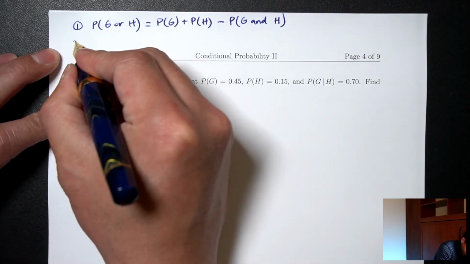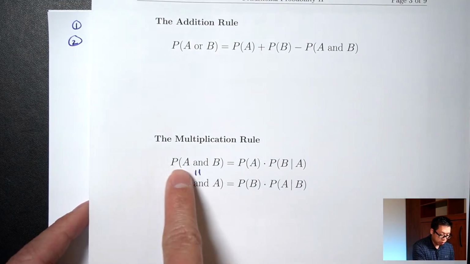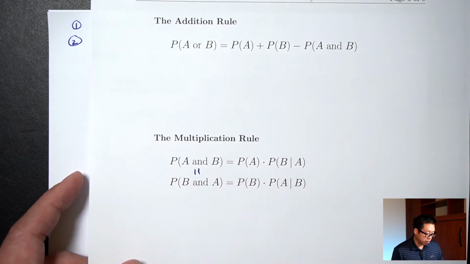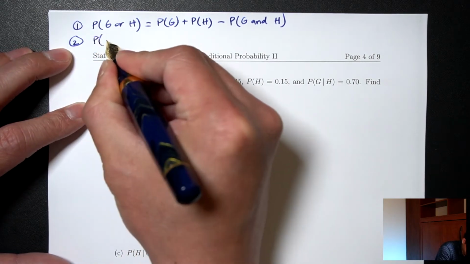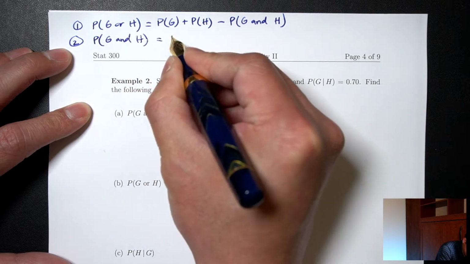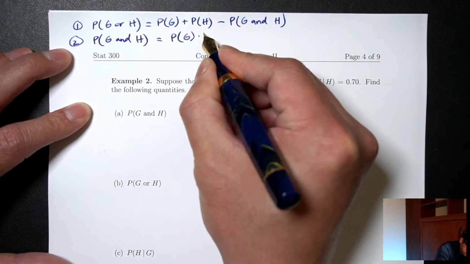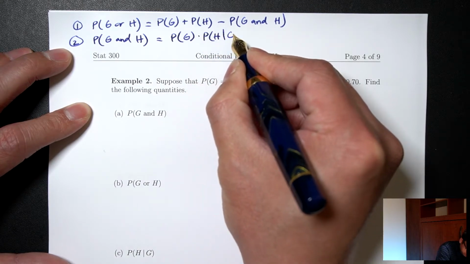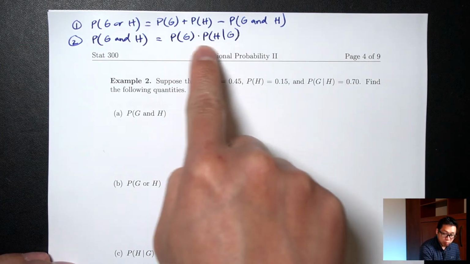The second one is going to be the multiplication rule, the first one. So replace the A with G and the B with H. So that's going to give me probability of G and H equals the probability of G times the probability of H given G. So be careful, make sure you have everything in the right order.